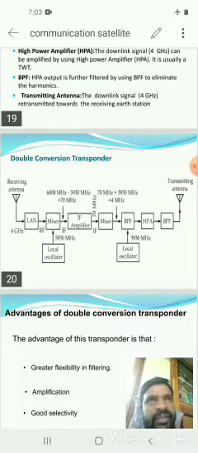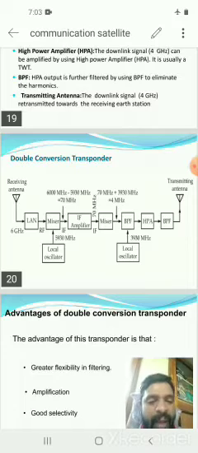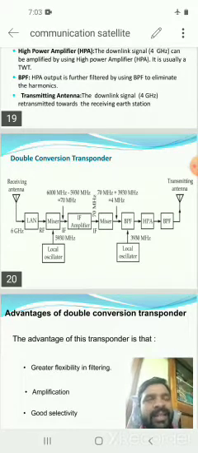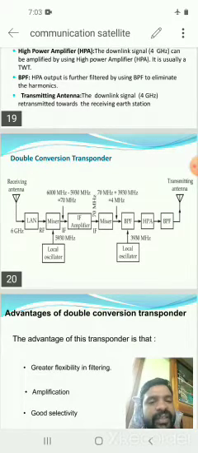So the high frequency signals are converted into low frequency signals, which are called intermediate frequency signals. The mixer output is the intermediate frequency, approximately 70 megahertz. This IF signal is given to the IF amplifier, which increases the strength of the IF signals, and they are given to mixer stage 2.